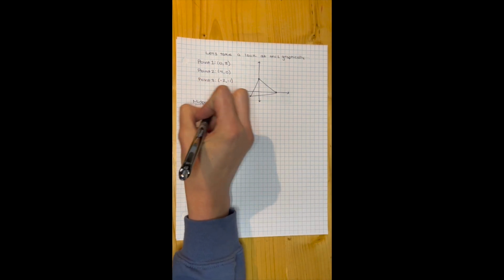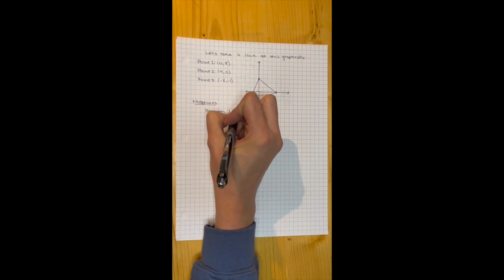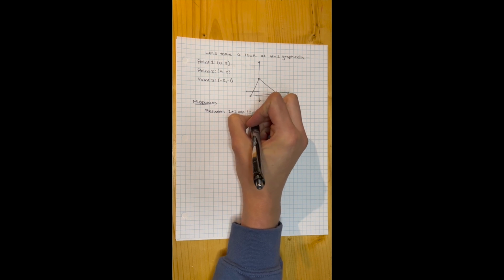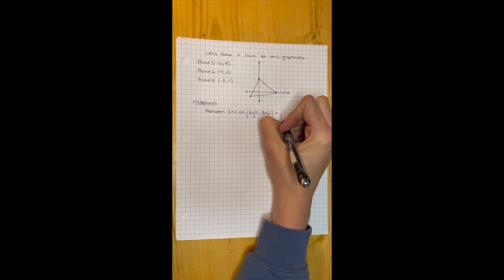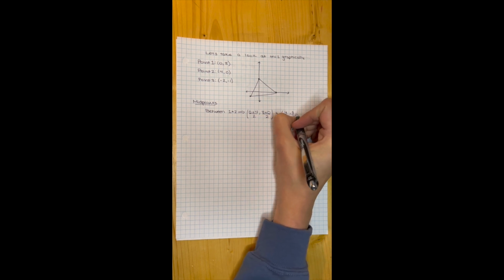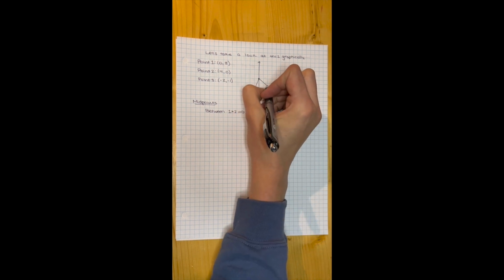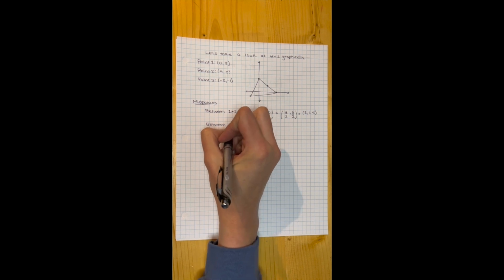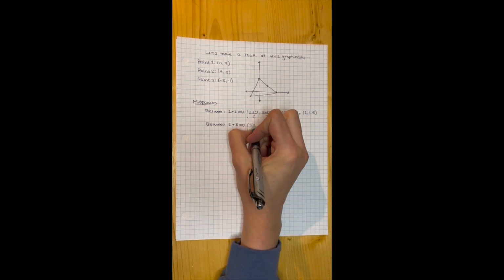And now what I want to do is find the midpoints of each of those lines. So I'm going to use the midpoint formula from our last lesson and find the midpoint between points 1 and 2. And we're going to get the point 2, 1.5. So now I'm going to go over 2, up 1.5, and put a dot there. There's the midpoint of that line. And now I'm going to find the midpoint between points 2 and 3.